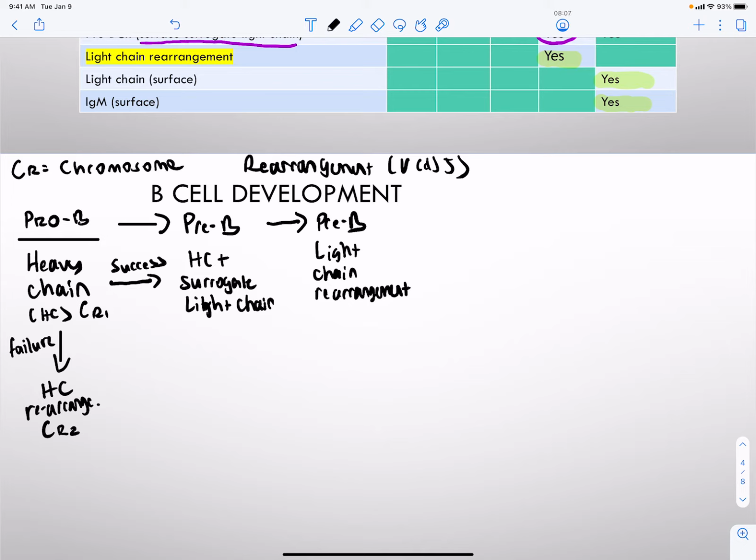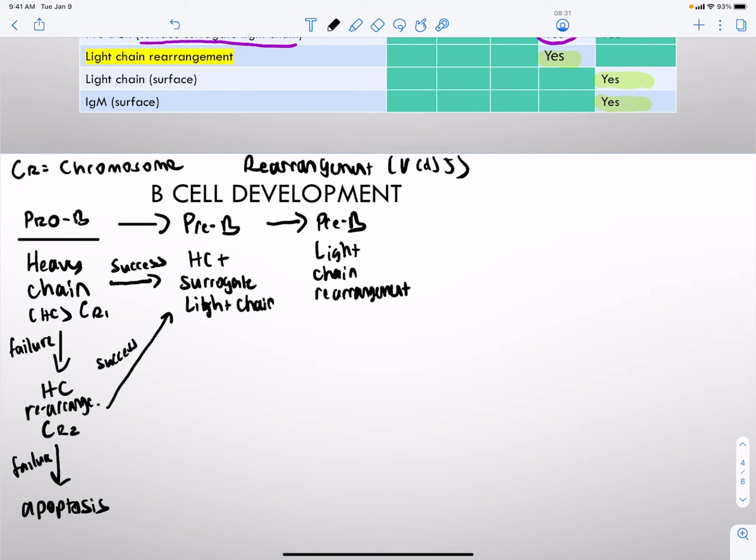If you did maternal first, CR2 would be paternal. And then if it's a success again, you go up here. And if it's a failure, undergo apoptosis. So this B cell development cannot move forward unless you have a successful heavy chain rearrangement.